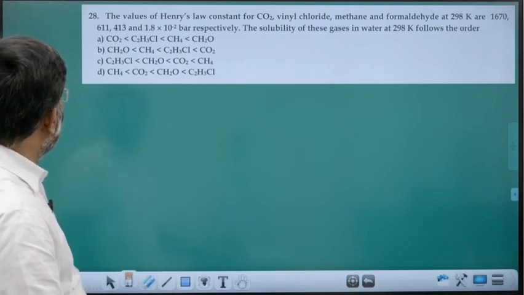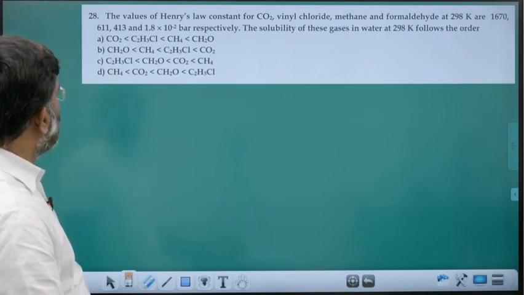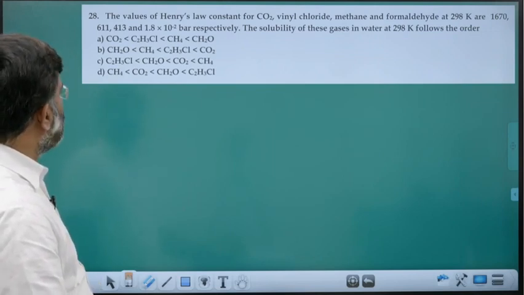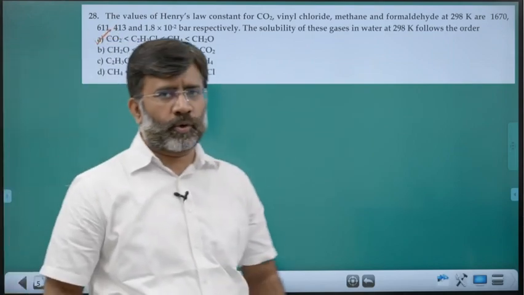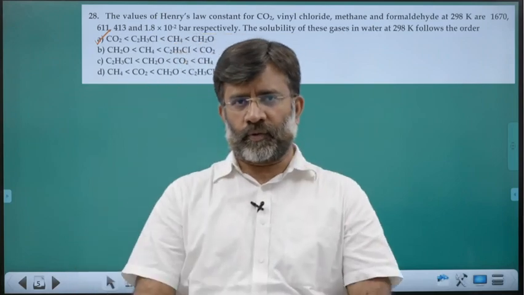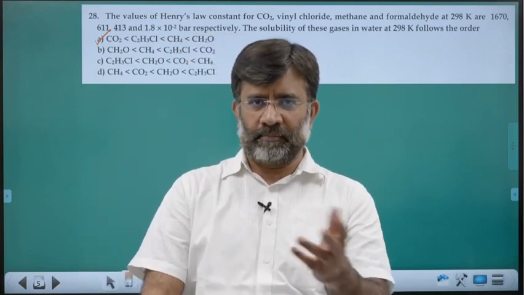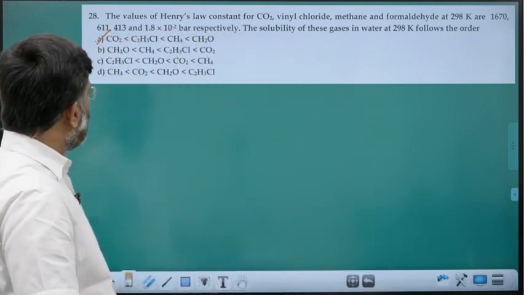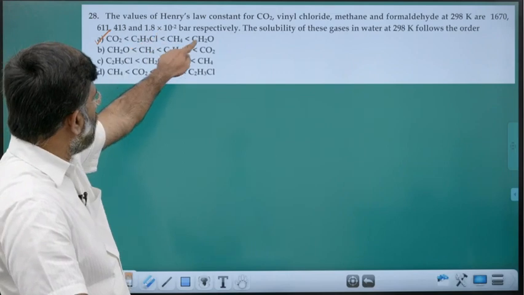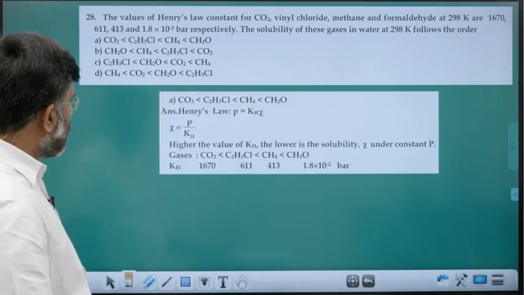CO2 minimum, then vinyl chloride, then methane. So the answer is option A itself. CO2 has a high KH value, so minimum solubility. Then vinyl chloride, then methane, and formaldehyde HCHO, having a very low KH value and high solubility. Option A is the correct answer.